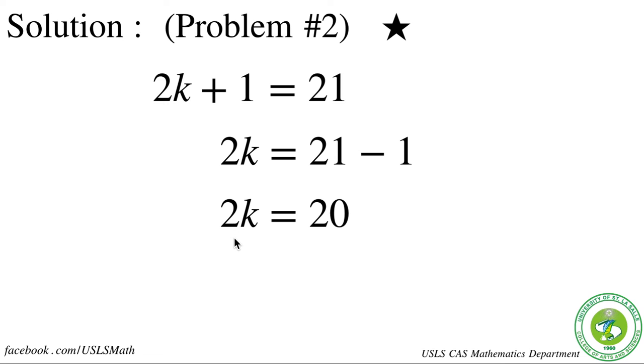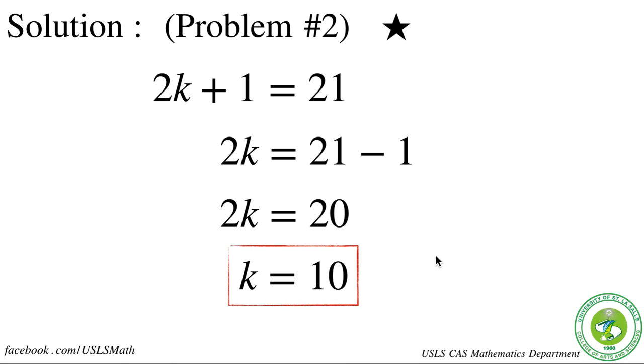So 2 over 2 cancels out, leaving k, and 20 divided by 2 is clearly 10. So the value of k is equal to 10. You can check this by plugging in 10 for k in our original equation to see if both sides are equal, which I'm sure they will be. That's the solution for our problem number 2.